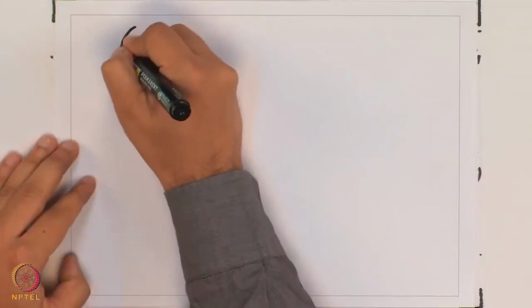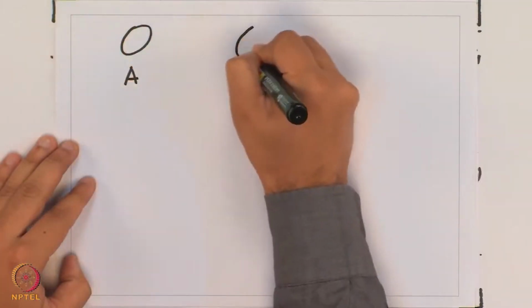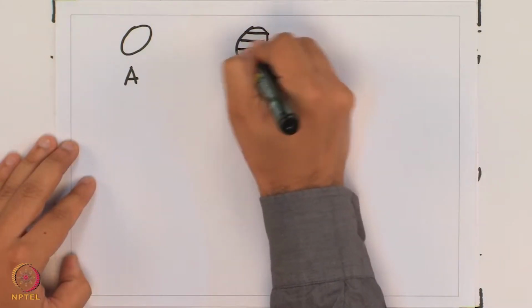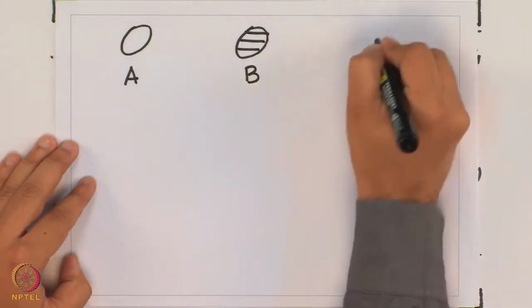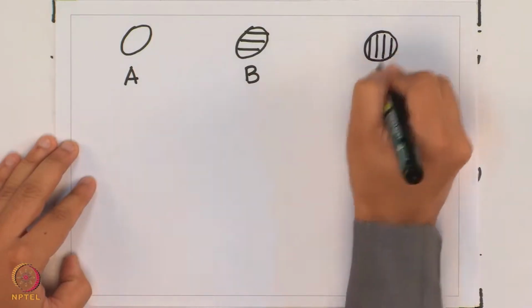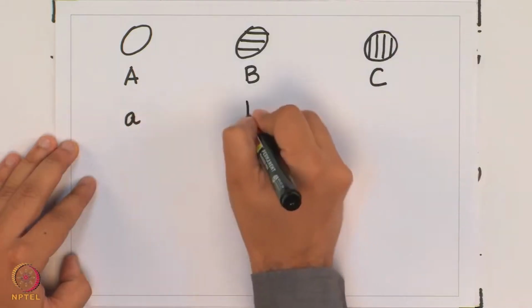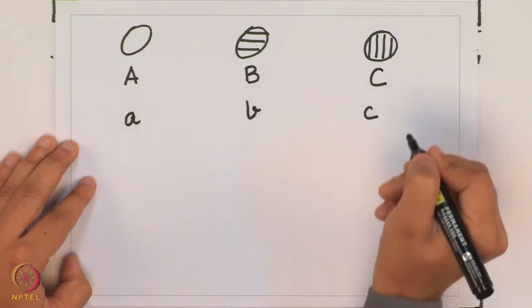So, now let us imagine our genotypes are A, B and C. Their growth rates are a, b, c.